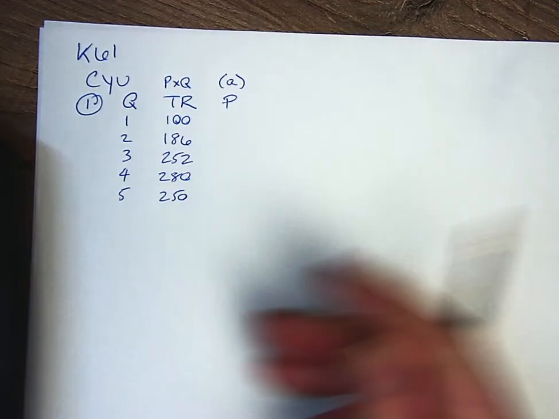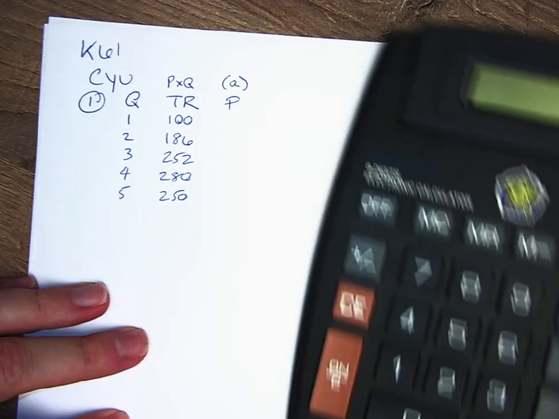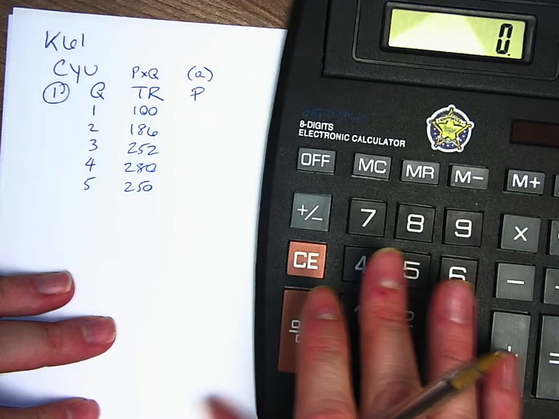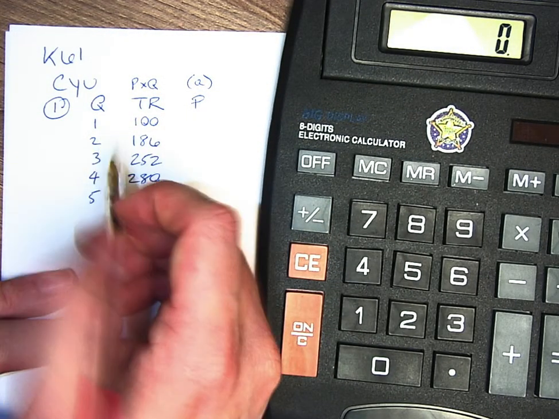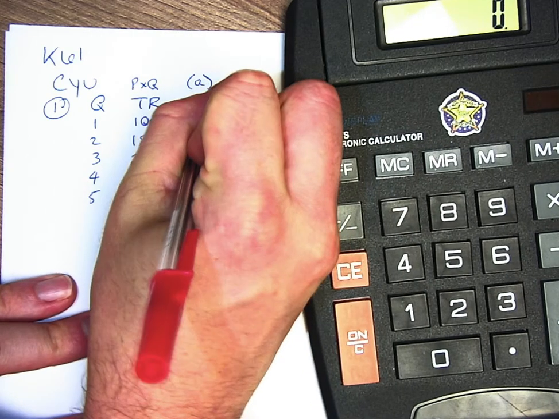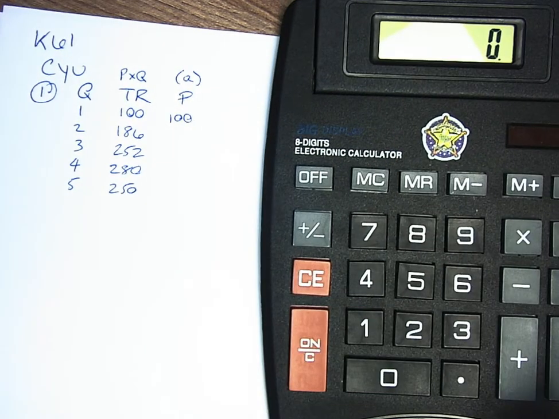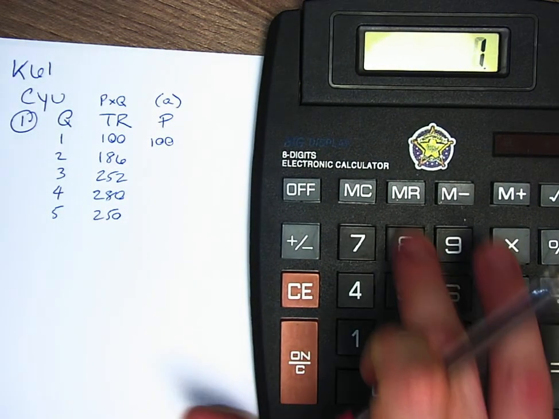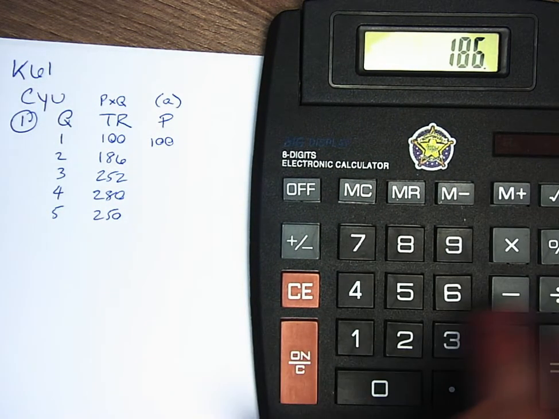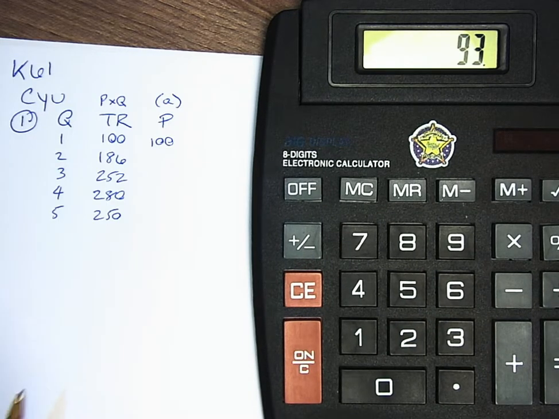So if we know that, and we've got a little calculator here off to the side, we can see that if the total revenue is 100 and we sold 1, that's just 100. But if the total revenue is 186 and the quantity is 2, then it's 186 divided by 2, so that's 93.